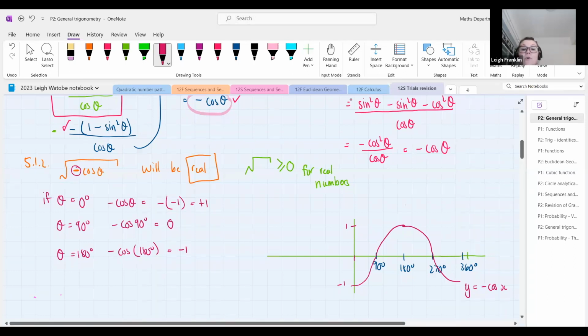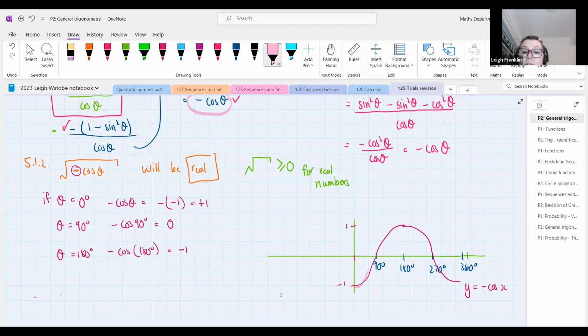The cos of 180 is -1, and -1 times -1 is going to give us... Are we happy? If we put a negative inside our root, is our expression going to be real? No, it's not. So as long as our cos values are negative, we are going to get a negative times a negative, which will give us a positive inside our root.